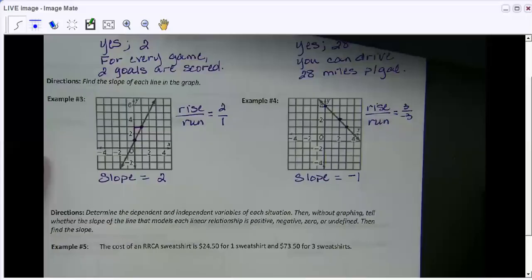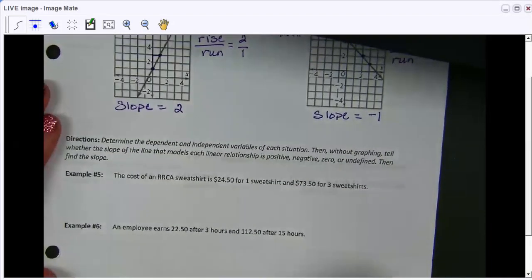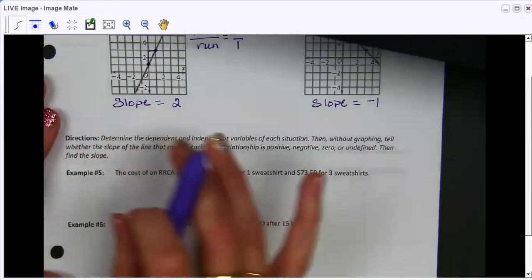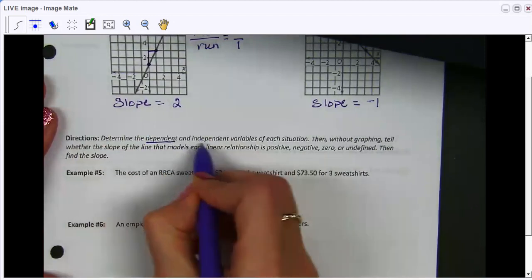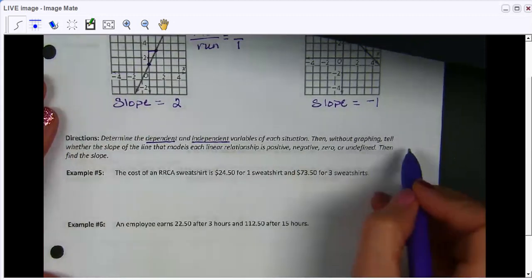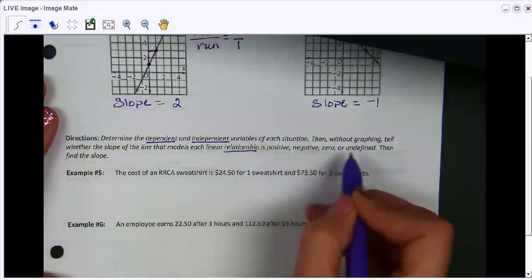Okay, we're going to go down to examples 5 and 6. Now, I'm going to read the directions. The directions are really important because you actually have to do 4 things for each of these problems. You have to determine the dependent and the independent variables for each. Then without graphing, tell whether the relationship is positive, negative, 0, or undefined.